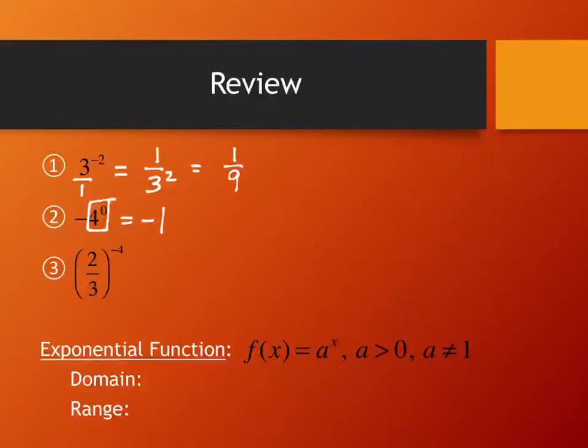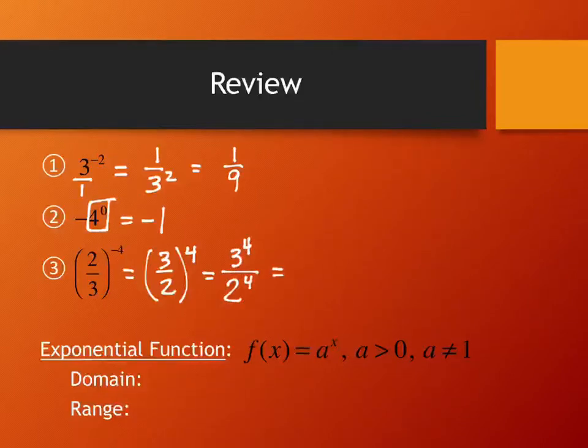And on number 3, you see that we have an actual fraction this time raised to the power. So just like on number 1, I'm going to flip my fraction. So this will be 3 over 2. That changes it to a positive 4 exponent, so 3 over 2 to the 4th. And then I'll raise each of those. This is a property of exponents as well, where I can distribute it to the numerator and to the denominator.